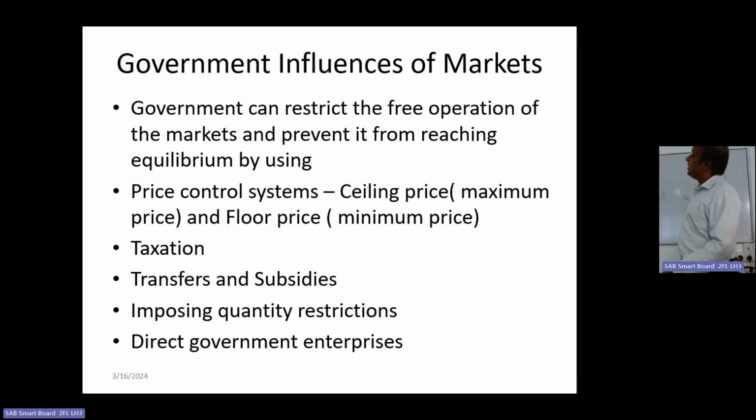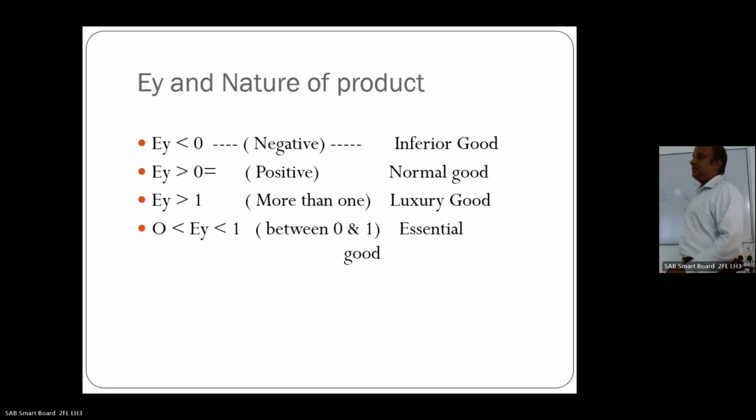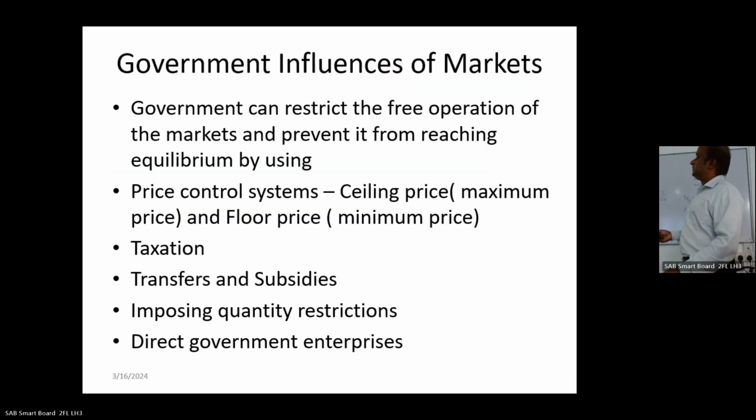And sometimes the government directly intervenes in the commercial sector, in production, and in business ventures established by the government. That's also a kind of intervention in the free market sector. So likewise, we can identify different interventions of the government.